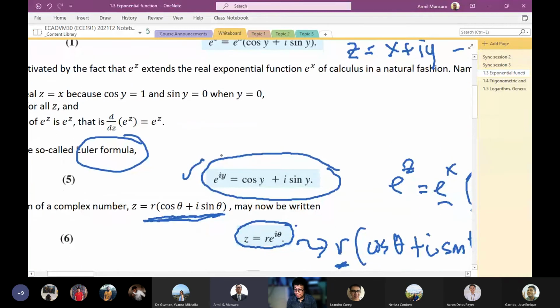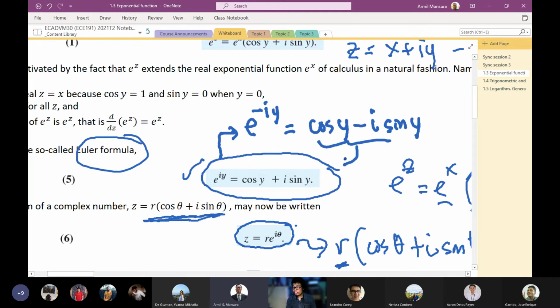Pero ito isa pa tong form, at tatandaan nyo to. E raised to negative iy equals cosine of y minus i sine of y. This is the conjugate of your complex number. Take note na ito, tsaka ito are conjugates.